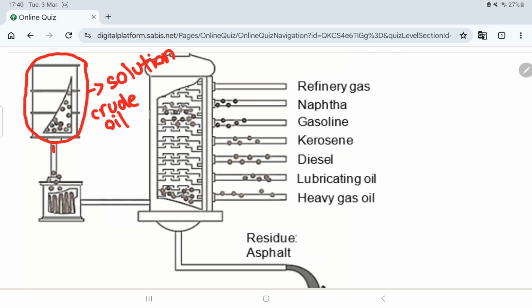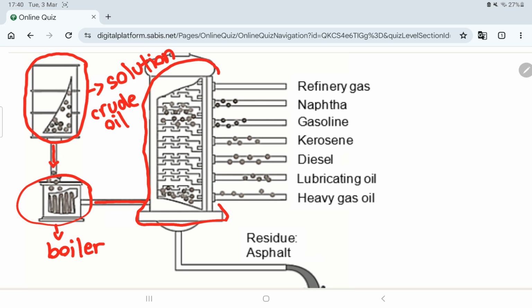So, its components, they're gonna go through here and enter the boiler. So this is the boiler. So after it, they're gonna go through here, and this whole entire piece of chunk of metal is a fractionating column.